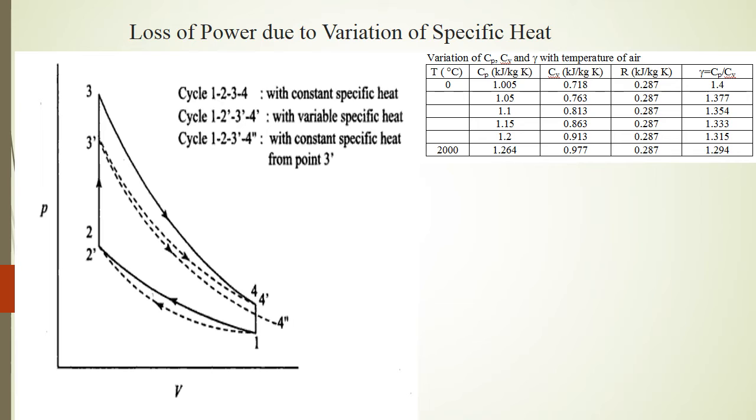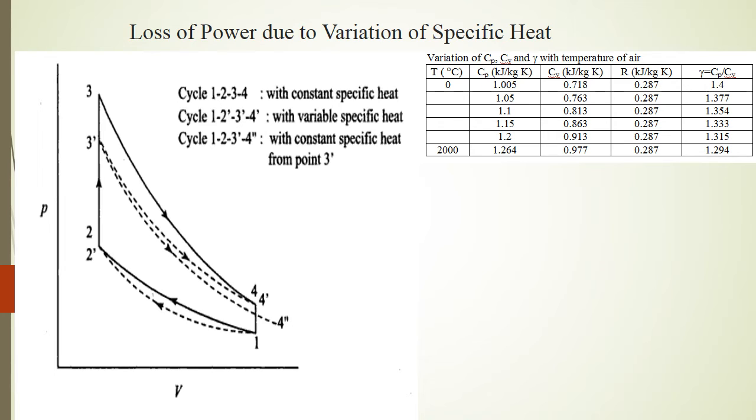The reversible adiabatic expansion from 3 dash would be 3 dash 4 double dash, but the expansion taking variable specific heat into account is above 3 dash 4 double dash and is represented by 3 dash 4 dash. That is basically because the specific heats decrease as the temperature decreases during expansion.